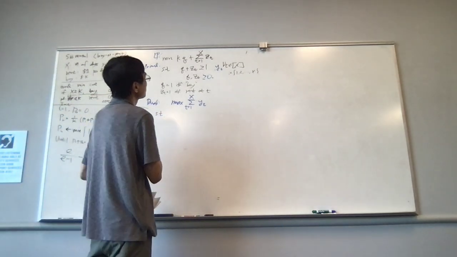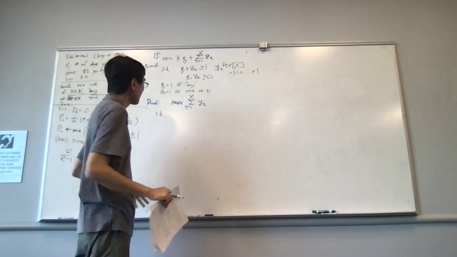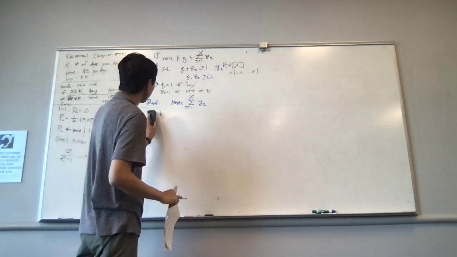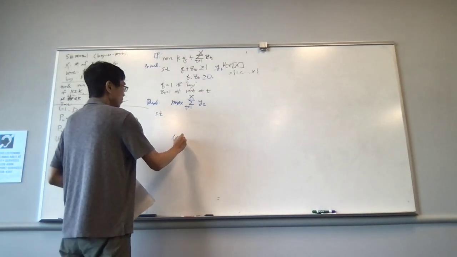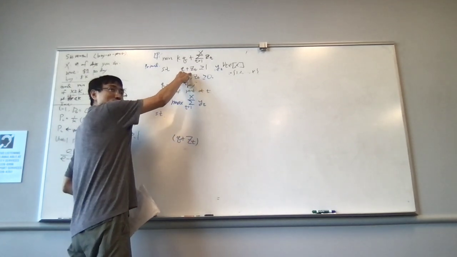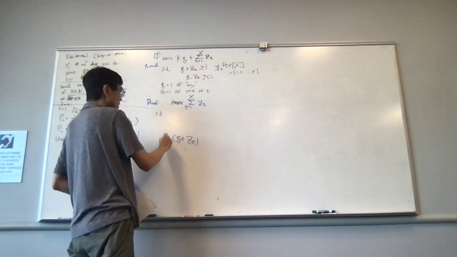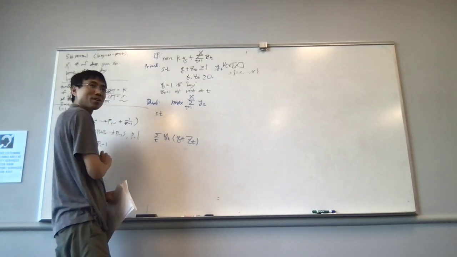Okay, let's do this again using the principle. We combine the left-hand side of the constraints using these multipliers.